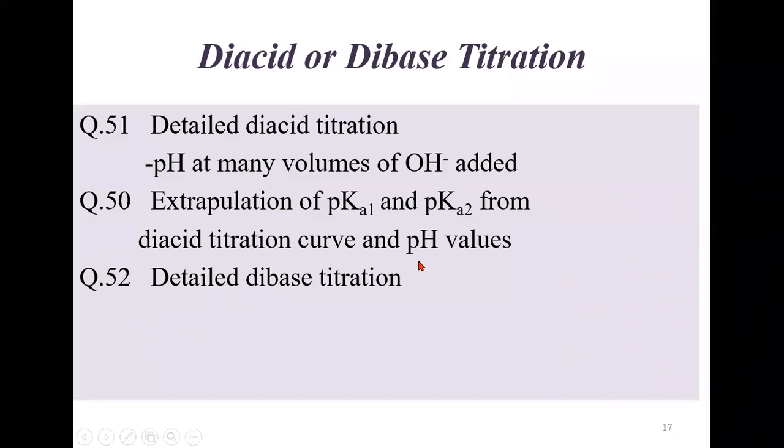In this recording, we're going to look at 3 questions, mainly about diacid titration and dibase titration. These questions get into a lot of details of calculations within drawing the curve of diacids and pHs at any particular volume of OH minus, for example, added for that diacid.